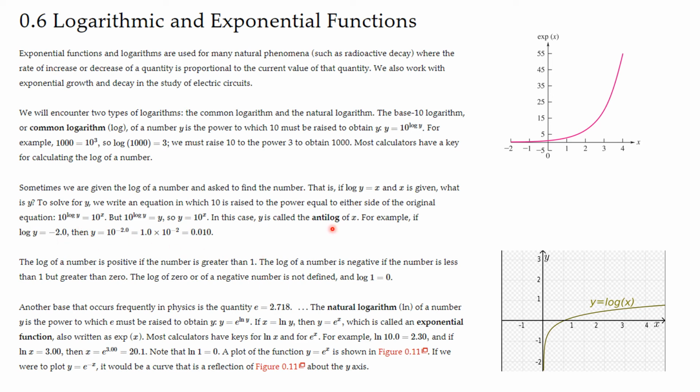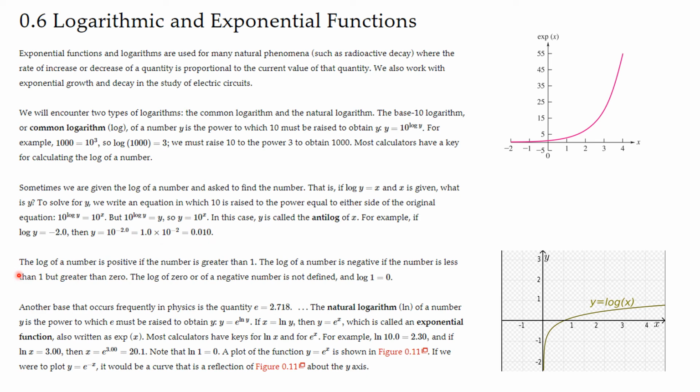For example, if we were trying to solve log base 10 of y equals x, that would mean that 10 to the x equals 10 to the log y, but 10 to the log y is y, so y would be equal to 10 to the x. Now y is called the anti-logarithm, and if log y is equal to minus 2, that would mean that y is equal to 10 to the minus 2, and that is 1 times 10 to the minus 2, and that is going to be 0.010.